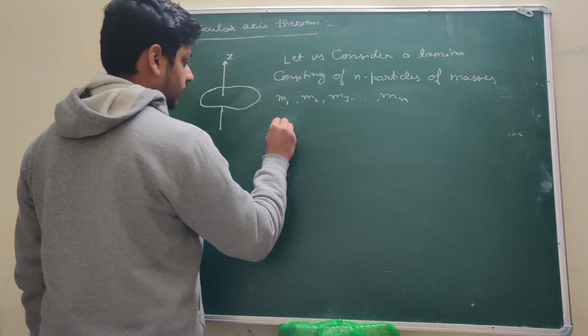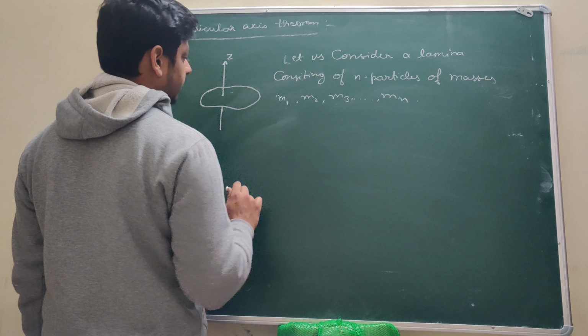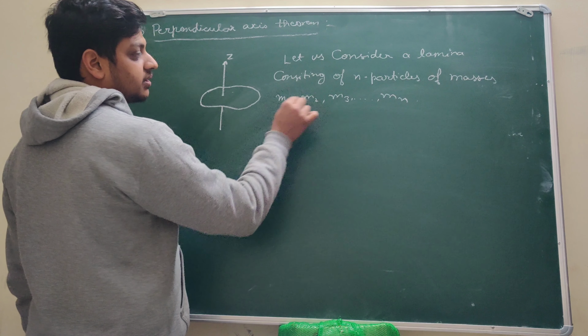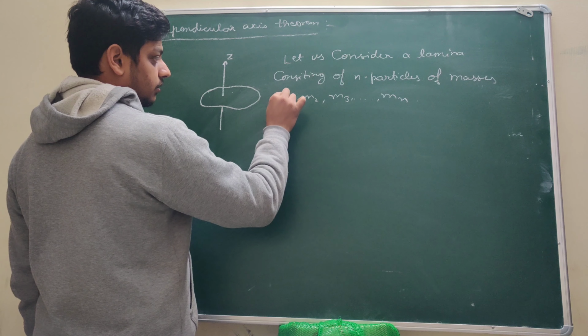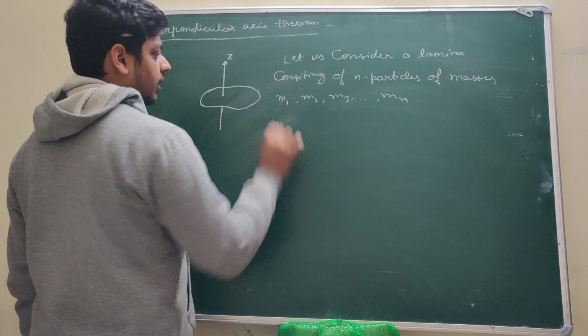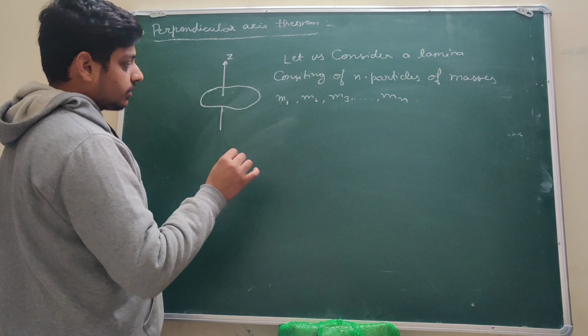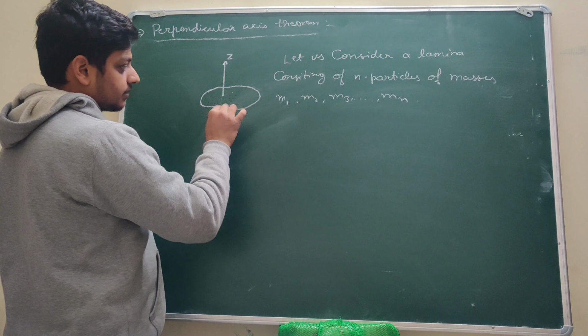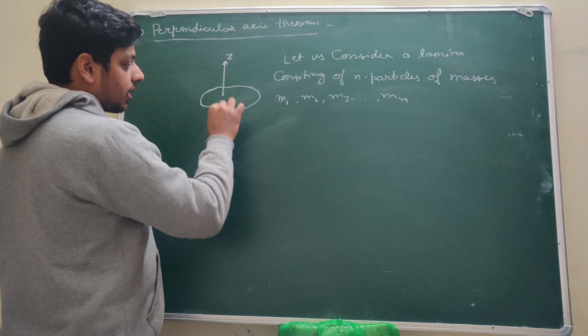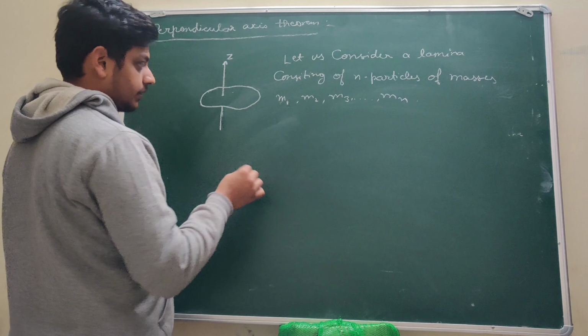And also we will consider these masses having perpendicular distances from this z-axis r1, r2, r3 and up to rn.